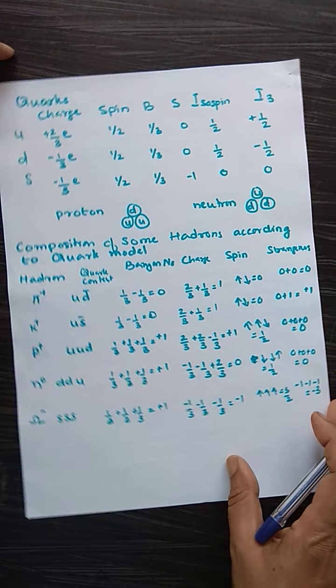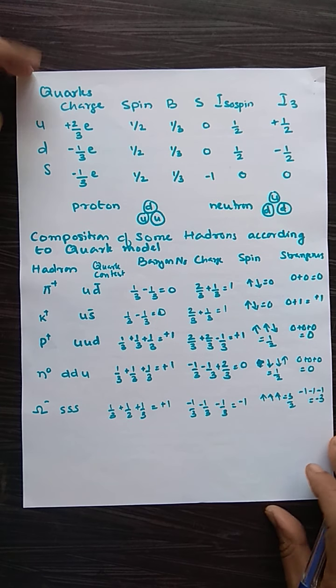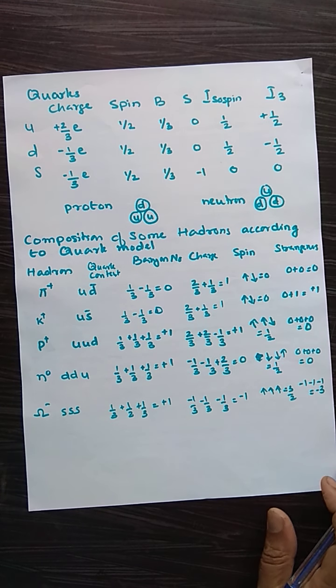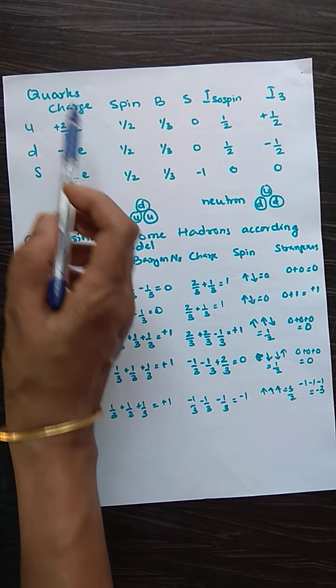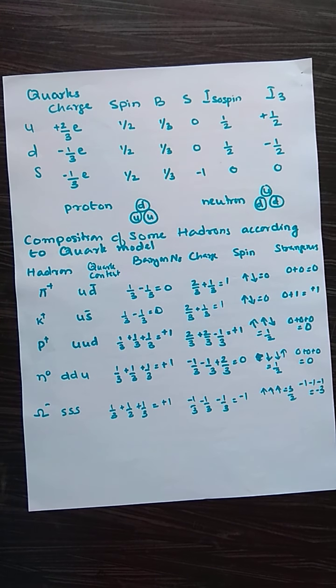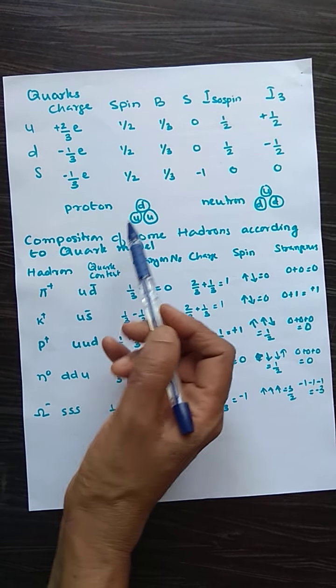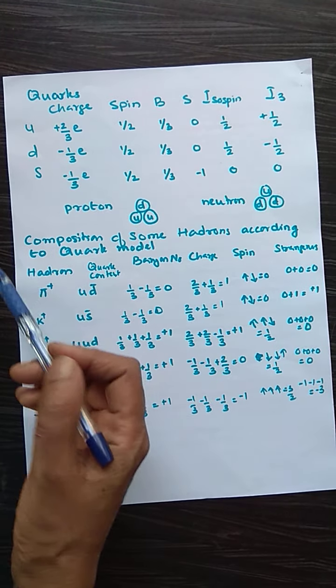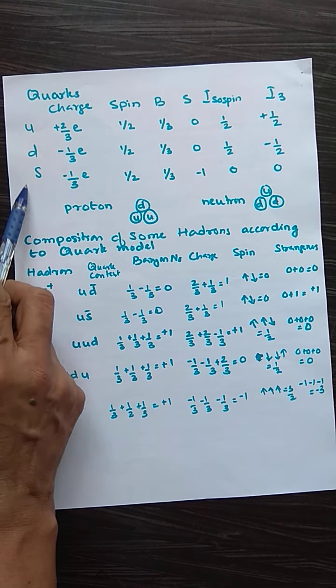We have mentioned that a baryon will consist of 3 quarks and a meson consists of a quark and an antiquark. So let us see what the quarks are. There are three different types of quarks, U, D and S. Both baryons and mesons are made up of these three different quarks.